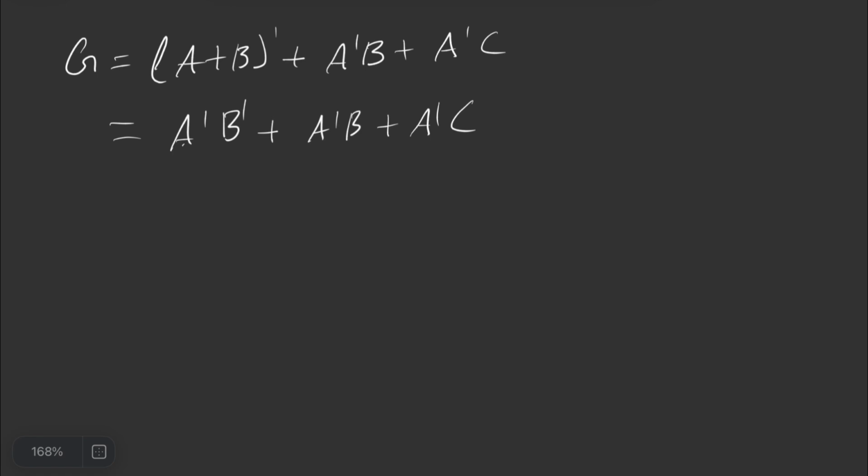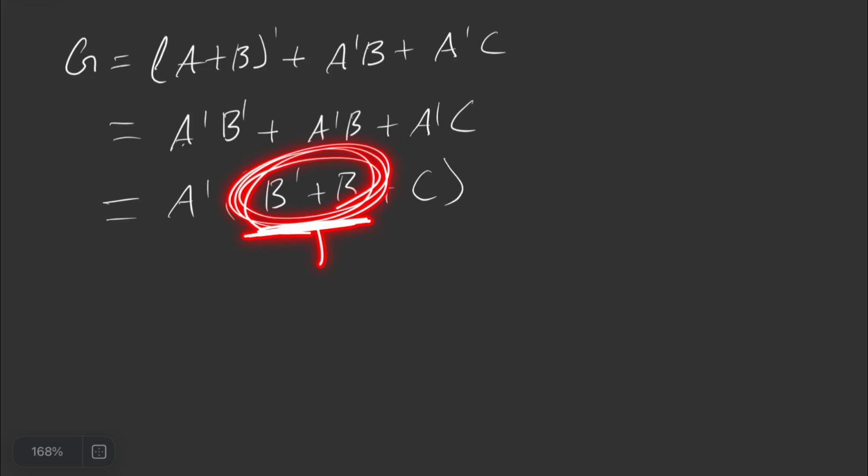Now that we have this, if you see that there's a common factor among each literal, we are going to factor out a prime. If you caught that, we have b prime plus b here, which we know will simplify down to 1.